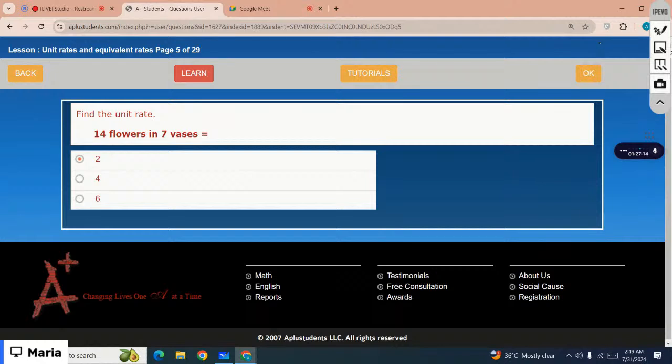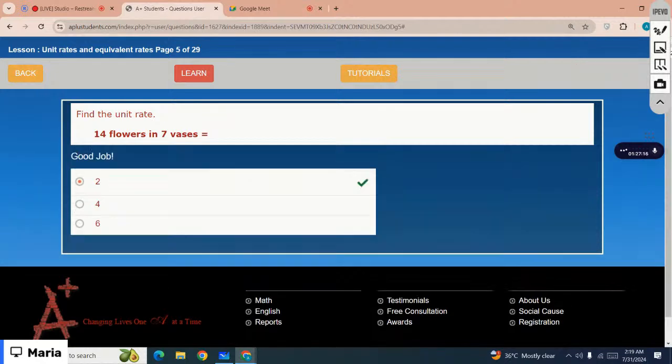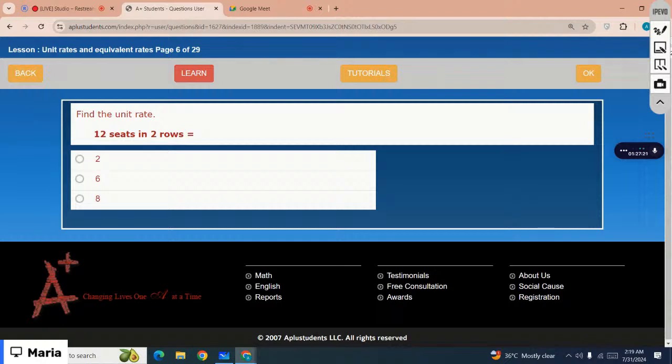Very good. Okay, find the unit rate: 12 seats in two rows. So which is the correct option?